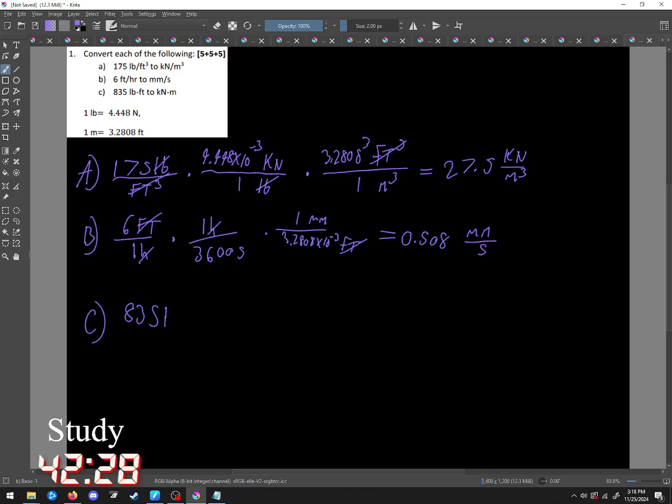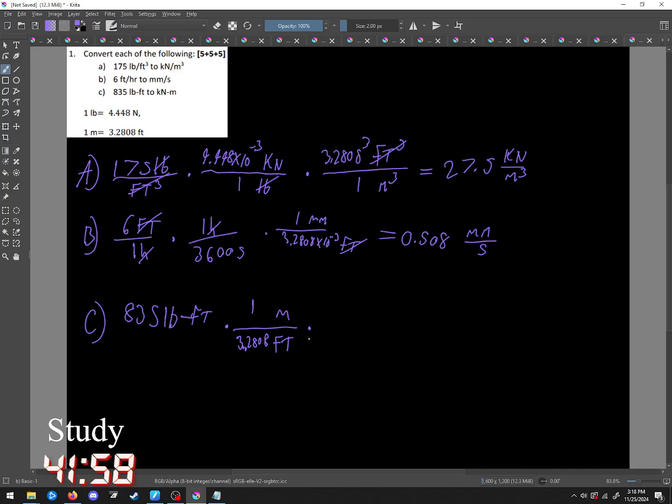And then lastly, here we have 835 pound-foot, and we have to convert this to kilonewton meter. So we're going to have feet on the bottom and meter on top, and we're given that 1 meter is 3.2808 feet. So that should work out.